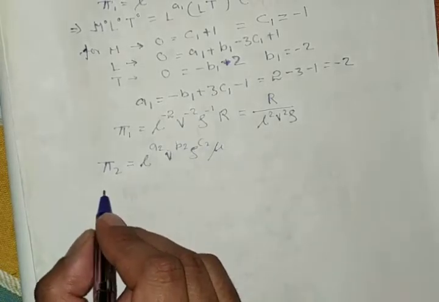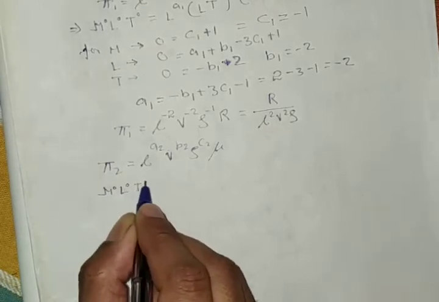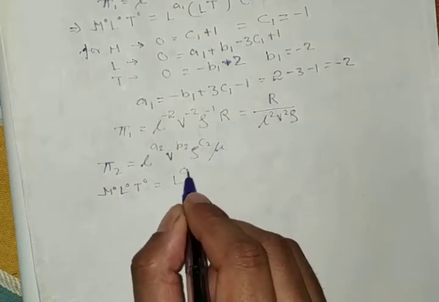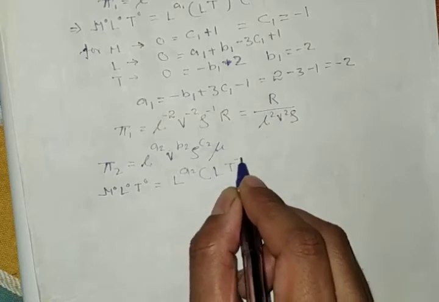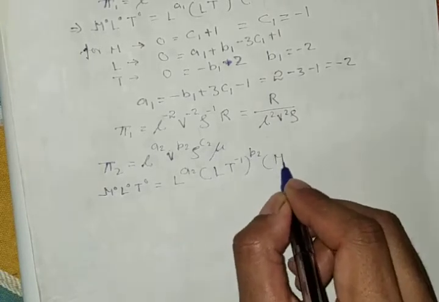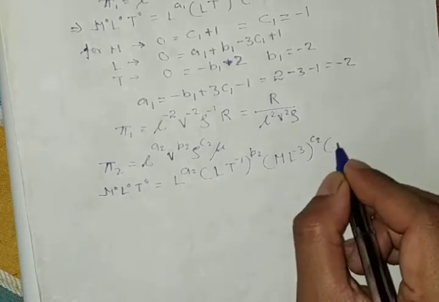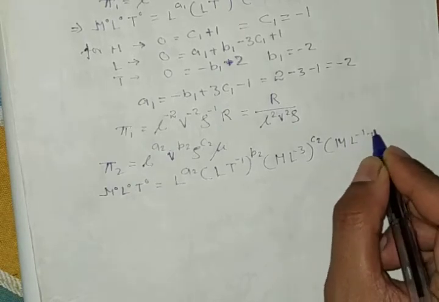Here it will be M0 L0 T0 equal to L^A2, for V it is L T^-1 to the power B2, for rho it is M L^-3 to the power C2, for mu M L^-1 T^-1.